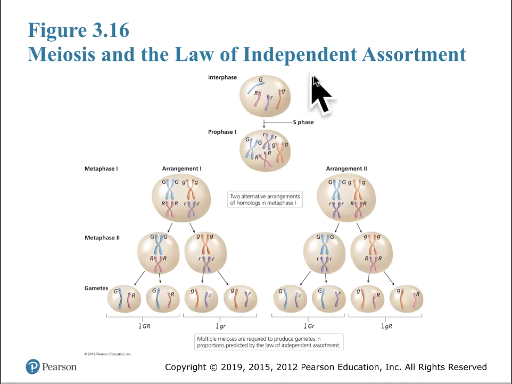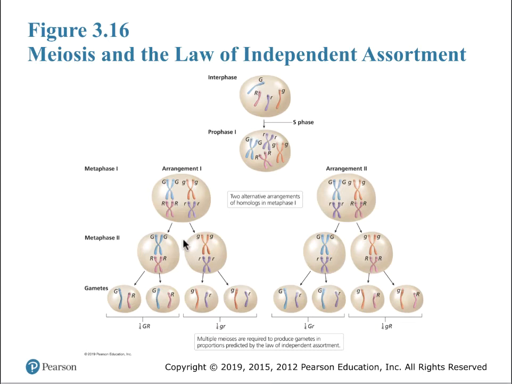Assume this is the father, and the father has 2 sets of chromosomes. So we have one set of chromosomes carrying the G gene, and then the smaller set of chromosomes are carrying the R gene. And in each case, he's heterozygous, a double heterozygote.